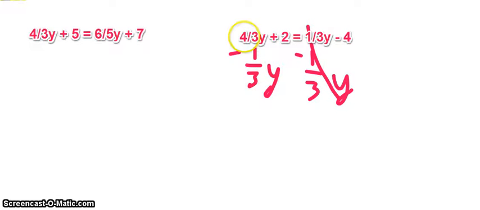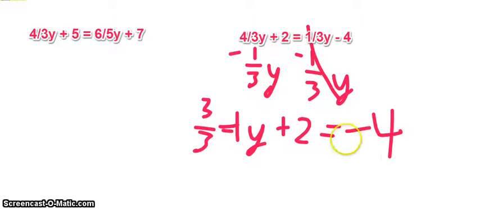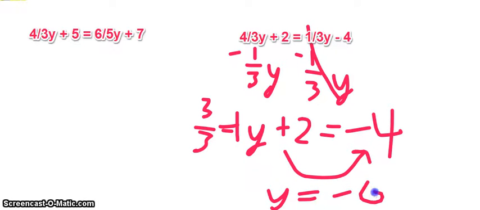And this will leave you with 4/3 minus 1/3, which will give you 3/3, which is just going to be 1, because 3 over 3 equals 1, times y plus 2 equals negative 4. And then if you subtract this 2 over here on both sides, you just simply get y equals negative 6.